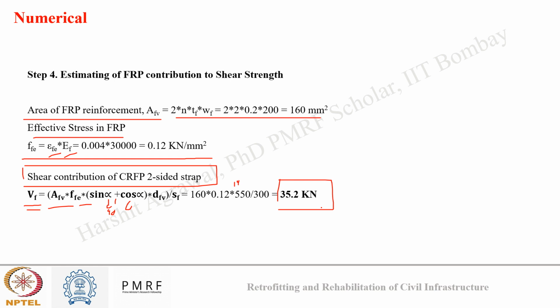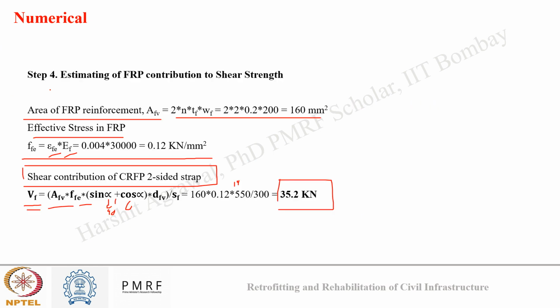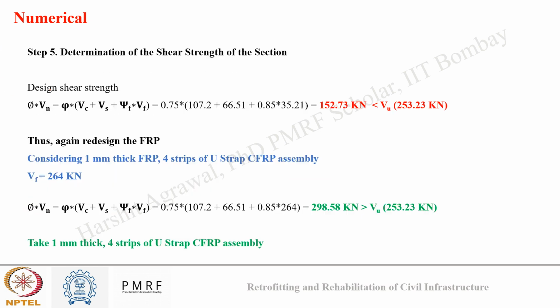Once we know the shear contribution due to the FRP strip, we can calculate the design shear strength. My design shear strength will be Vs plus Vc plus Vf. We know Vs and Vc initially from design, and we saw today also how we calculate Vf.